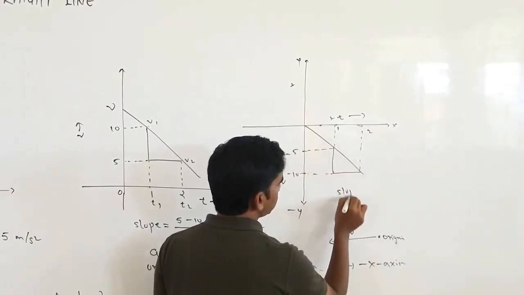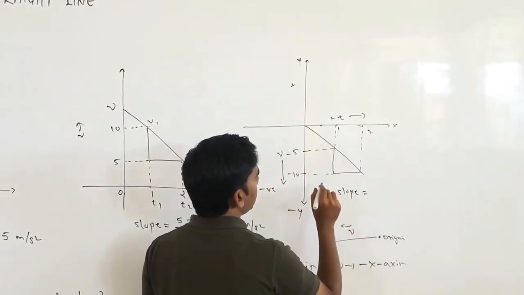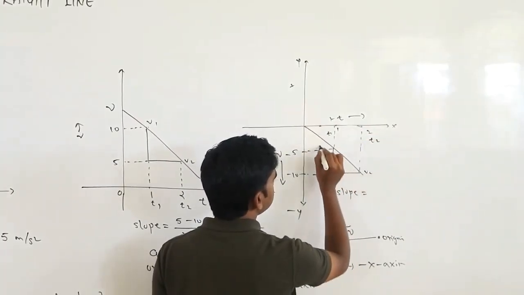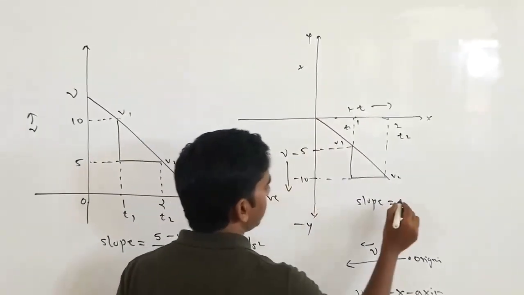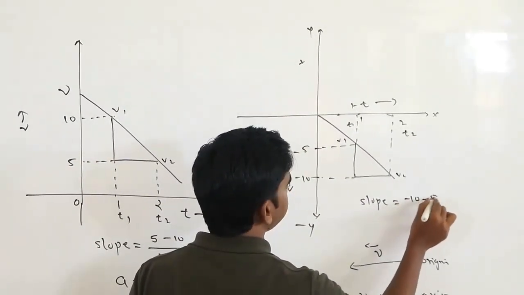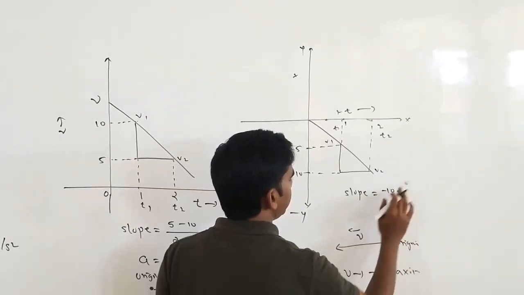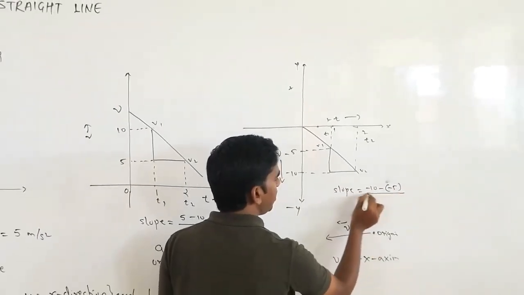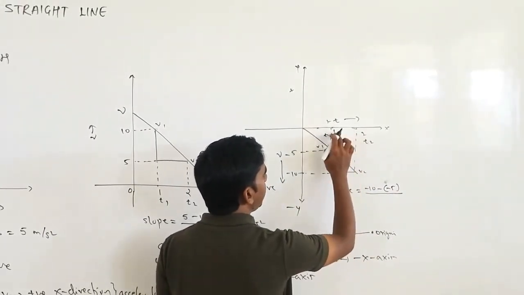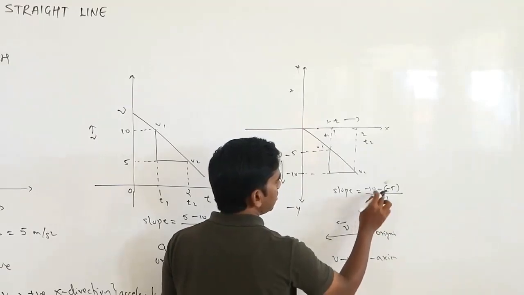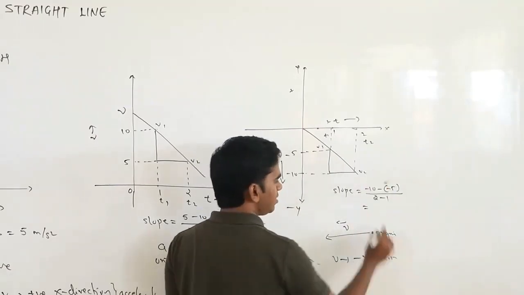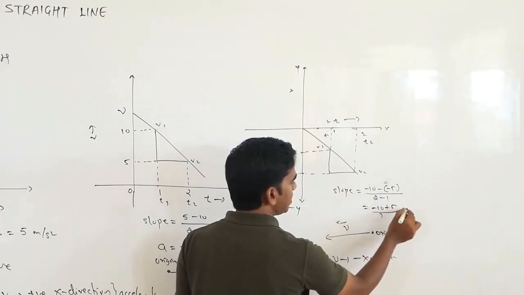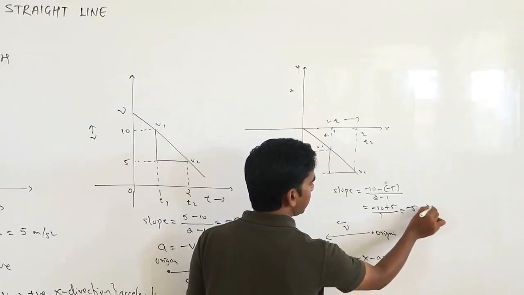So slope equals V2 minus V1 divided by T2 minus T1. That is minus 10 minus of minus 5, divided by 2 minus 1. Minus minus is plus, so minus 10 plus 5 divided by 1, which is minus 5 meter per second square.